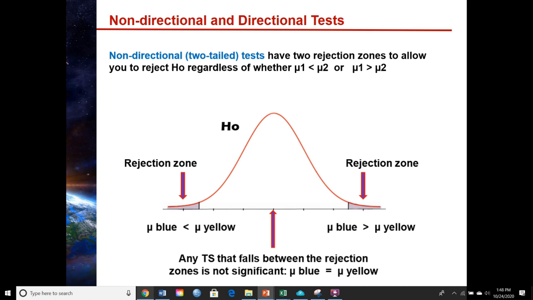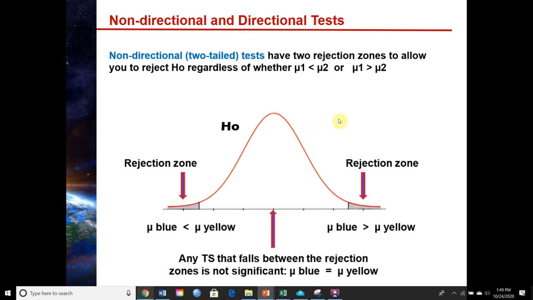Now, at this point, students get really confused because they don't understand why having mu blue less than mu yellow puts you in this tail, whereas having the mean for blue be bigger than the mean for yellow puts you in that tail.